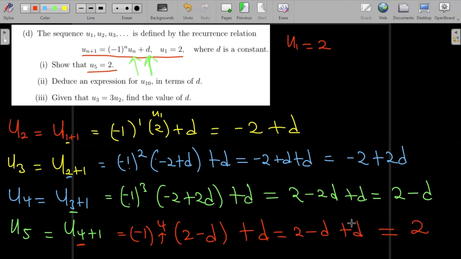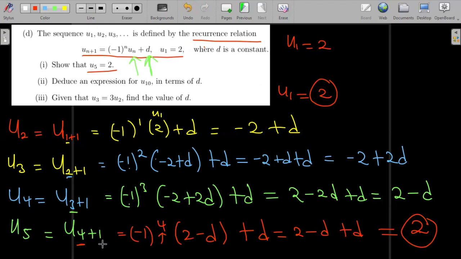Okay, so what we notice here is that, let me put U1 here, somewhere here. So U1 is equal to 2. So U1 was 2, and U5 is also 2. So this pattern, since they said it's a recurrence relation, it means every after 4 terms, it is going to repeat again. So U5 will be 2.